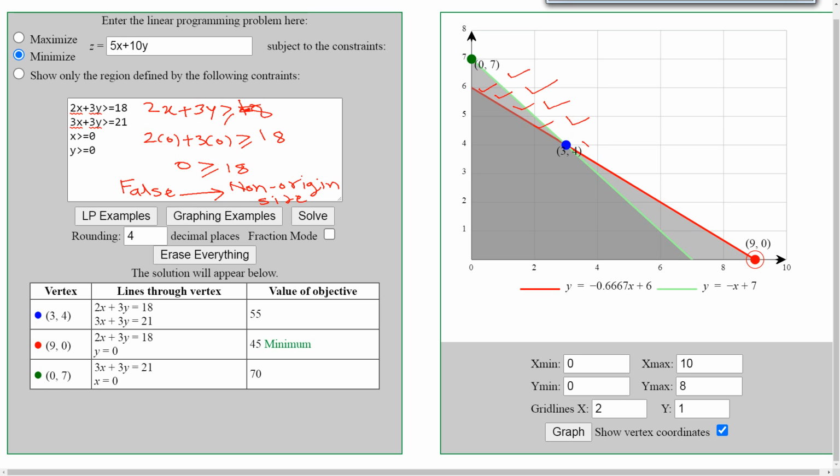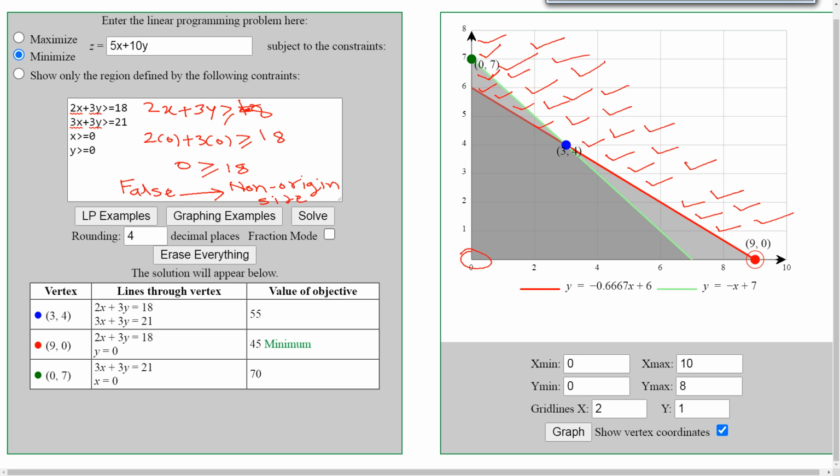So this is the non-origin side. Why is it the non-origin side? Because the origin lies in this part here. So we are not going to take this origin side. We are going to take the other part. I am putting ticks here so that you will understand which part we are shading of this line.